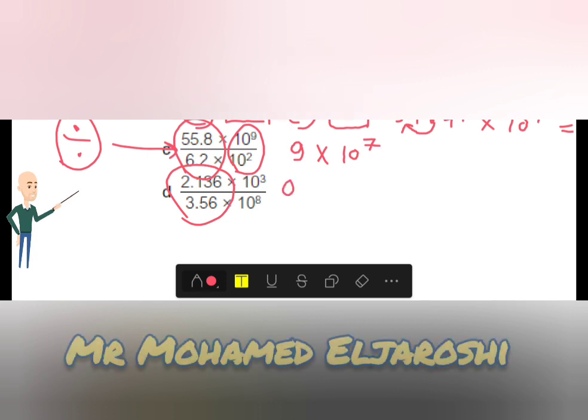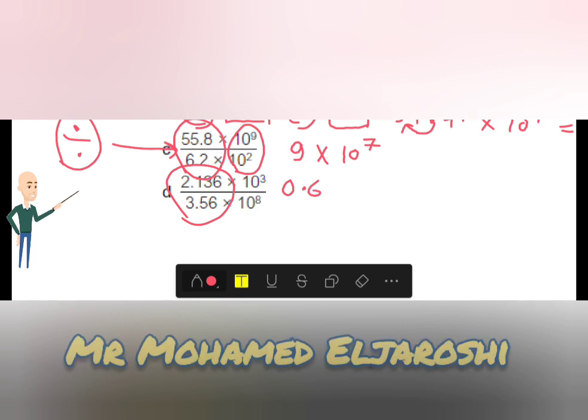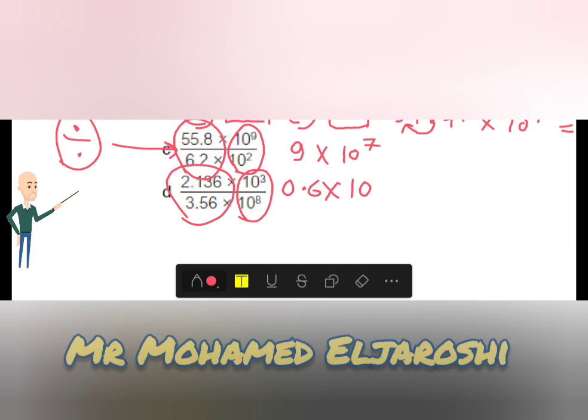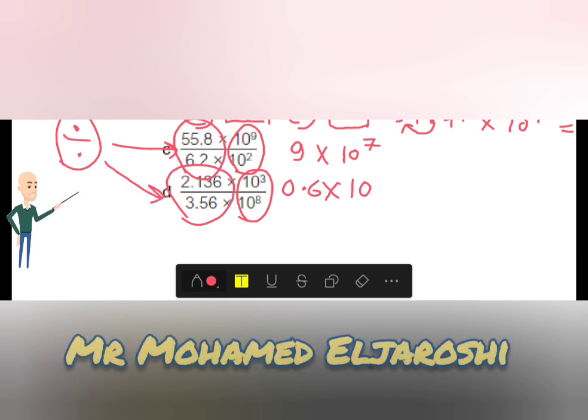This one is 0.6 multiplied with the 10 with the power, and we find the 10 with the power from here, and because it's dividing, it means we subtract the powers. So 3 minus 8, let's do it together. 3 minus 8 equals minus 5. Very good. So minus 5.